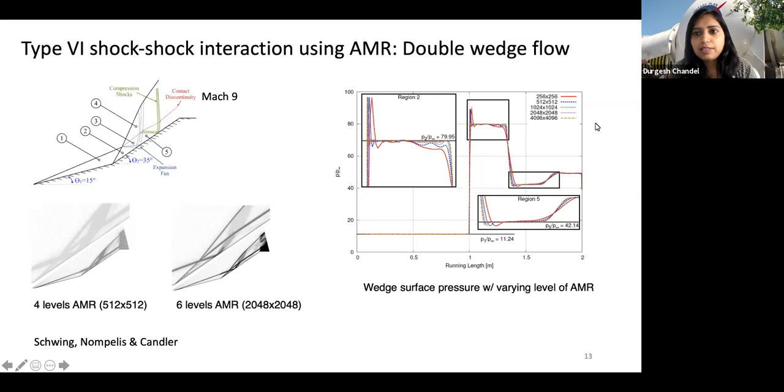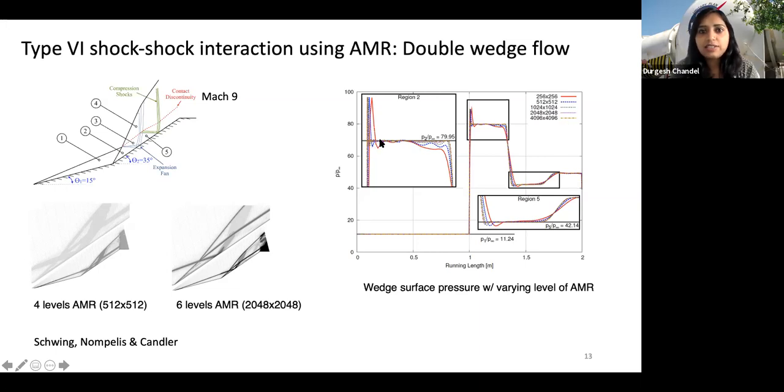For example, the plot on the right is the wedge surface pressure with varying levels of AMR. Going from solid line in red to dashed line in red, we are increasing the levels of AMR.